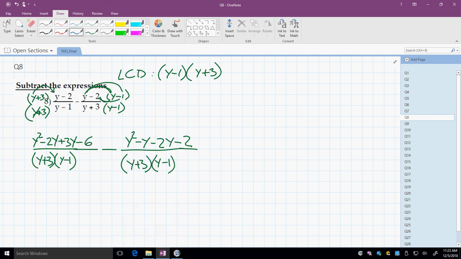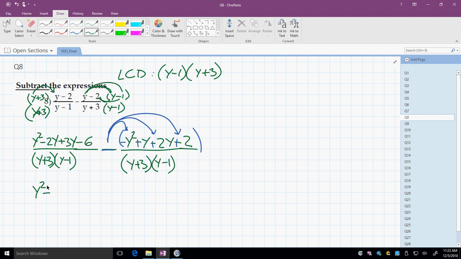The important thing when you're subtracting fractions is to remember this negative sign in here, you have to distribute it. So that is going to give me negative, positive, positive, and positive. I'm going to combine like terms.